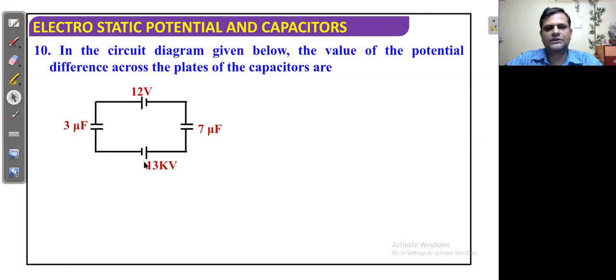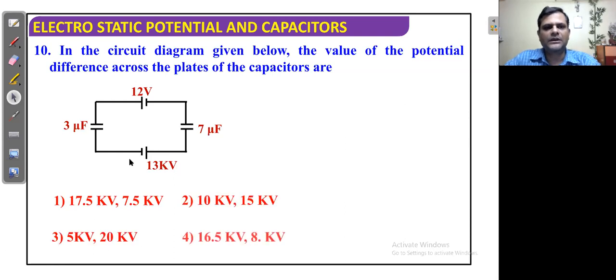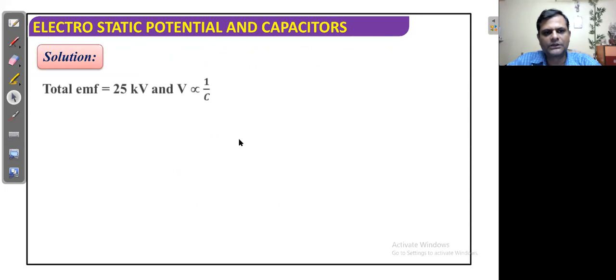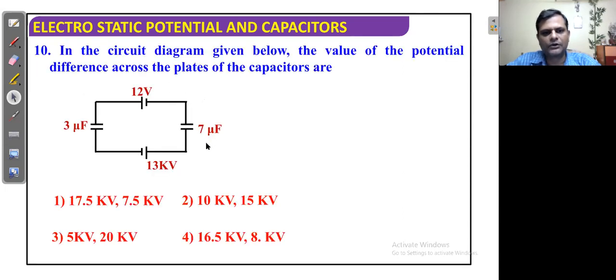Okay, just see the next one. The circuit diagram given below, the value of potential difference across the plates of capacitor are. There must be some mistake. Actually, ये 13 किलो वोल्ट है और ये 12 वोल्ट सिर्फ, ऐसा तो नहीं हो सकता. दोनों या तो किलो वोल्ट में होंगे या तो फिर दोनों वोल्ट में होंगे. यस, दोनों किलो वोल्ट में है. ठीक है.